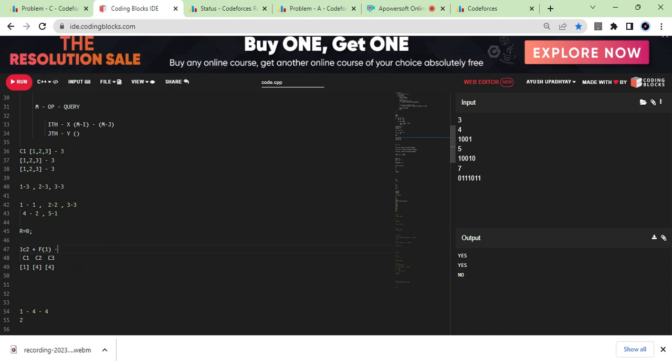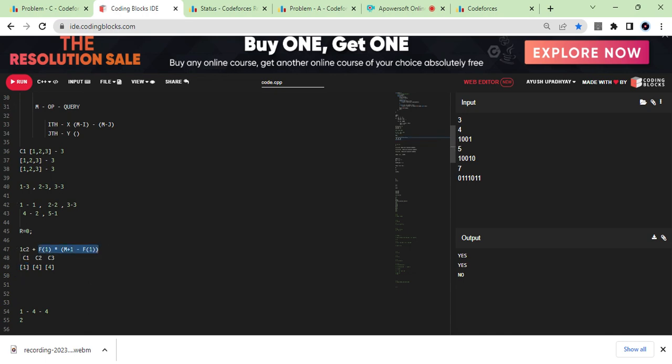I want to know all the other arrays which have a value other than 1. That is equal to m plus 1, because the total number is m plus 1, minus f of 1. Those are the arrays which have anything other than 1 at the first place, right? So that will form the good pairs with 1.